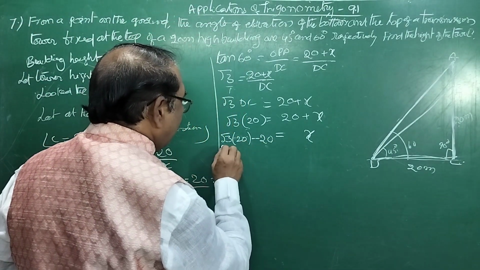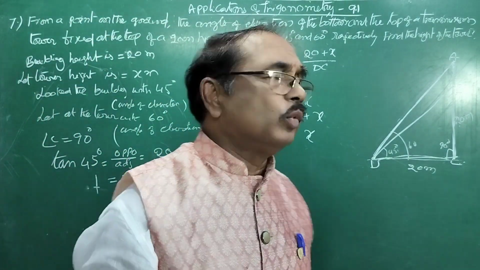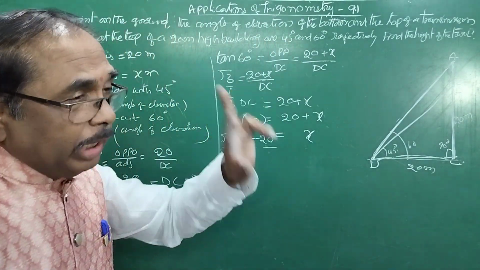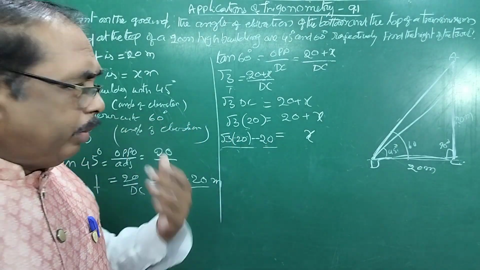Terms are divided by minus or plus. Two terms are there, and 20 is common in both, so let us bring 20 outside.